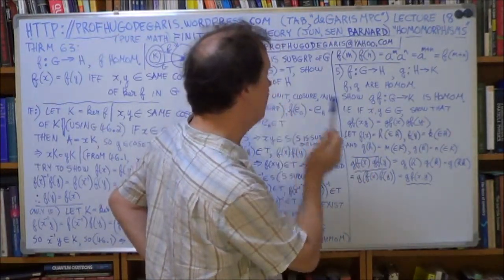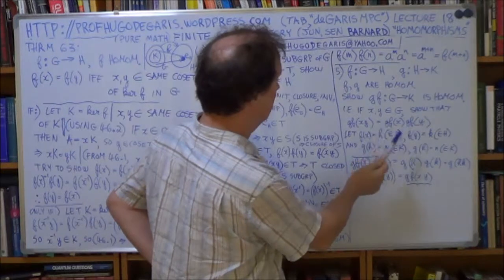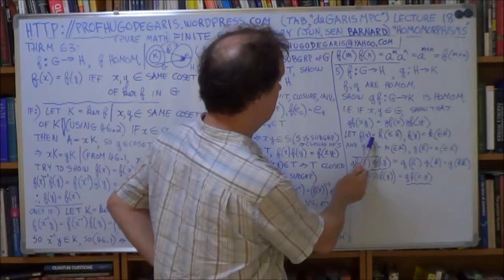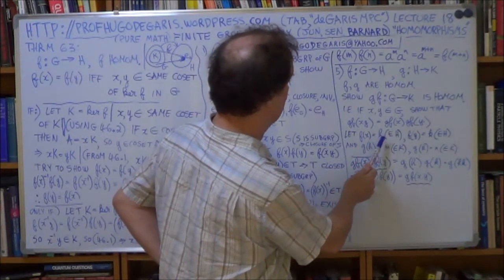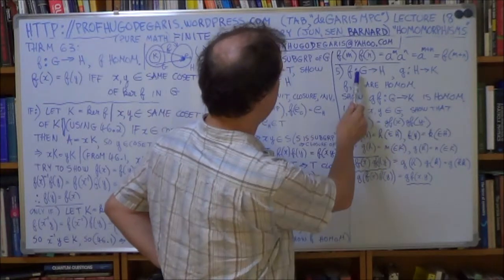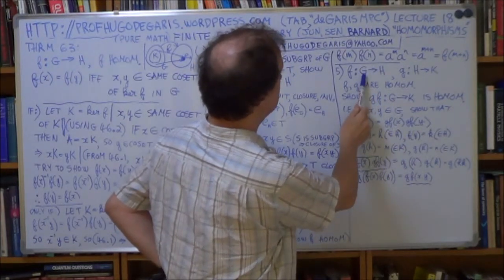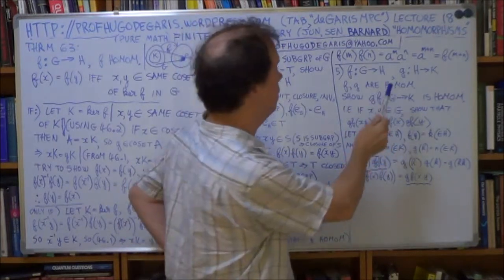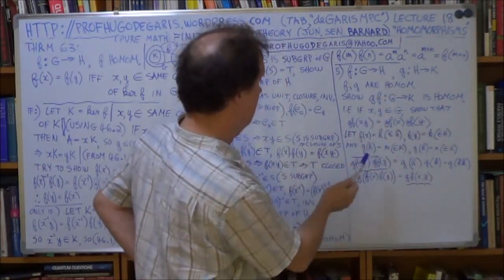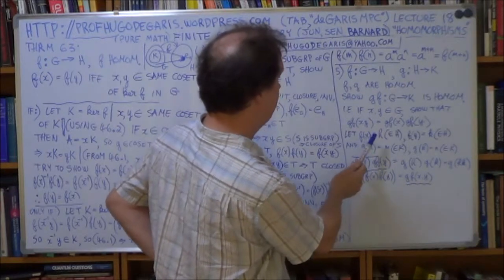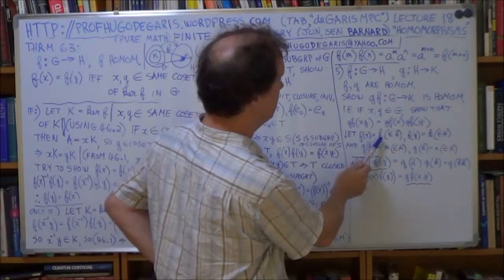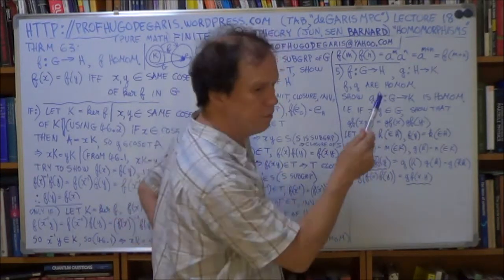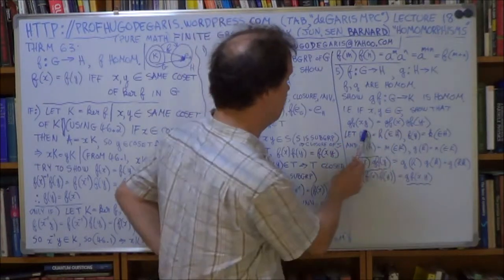Now let f of x be equal to some member of H. We're mapping elements of group G into elements of group H, so for x there'll be some h that's the image of x.